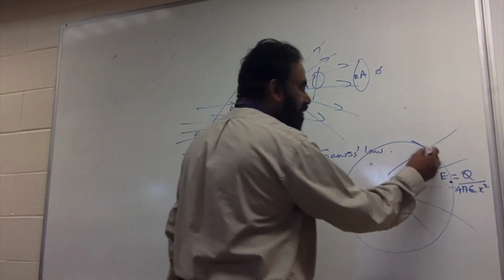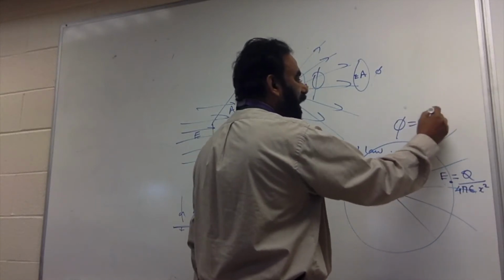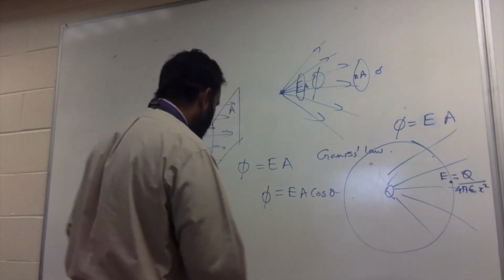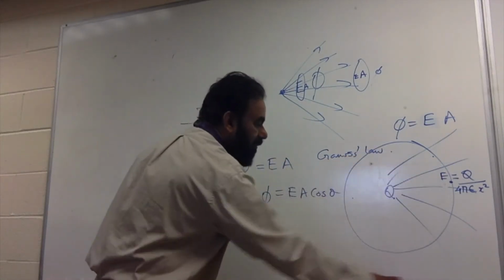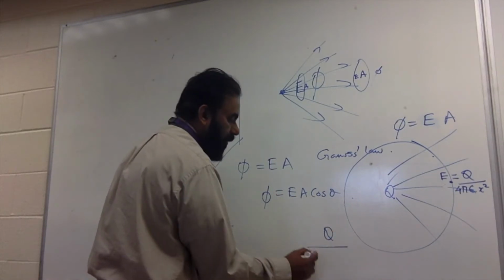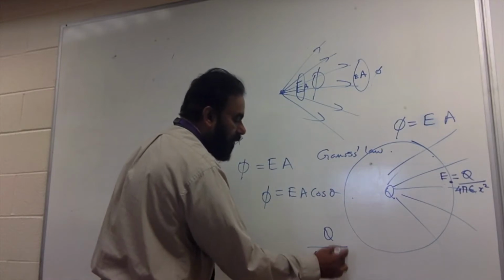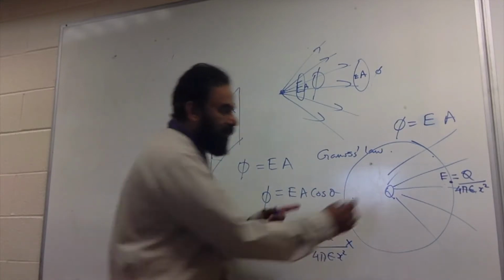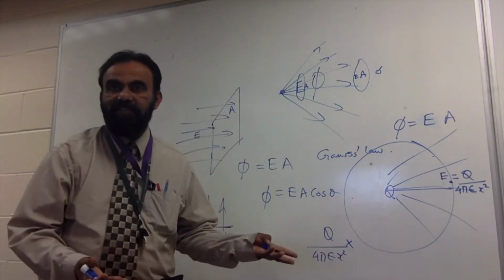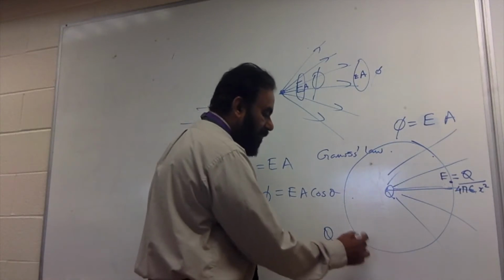So if I want to know the flux here, the flux is equal to EA. And E is there. So EA becomes Q over 4 pi epsilon x squared times area. Now remember, the x is the radius of the sphere. So times 4 pi x squared.